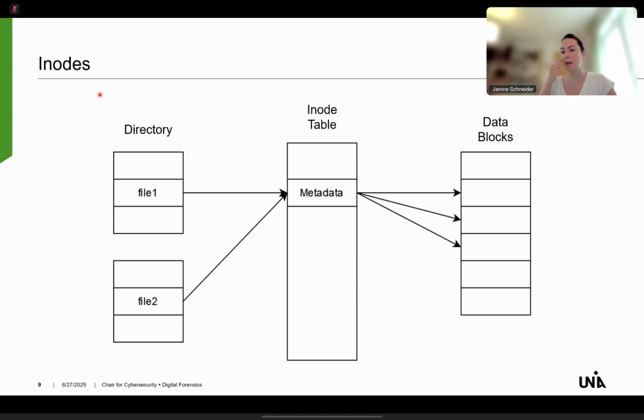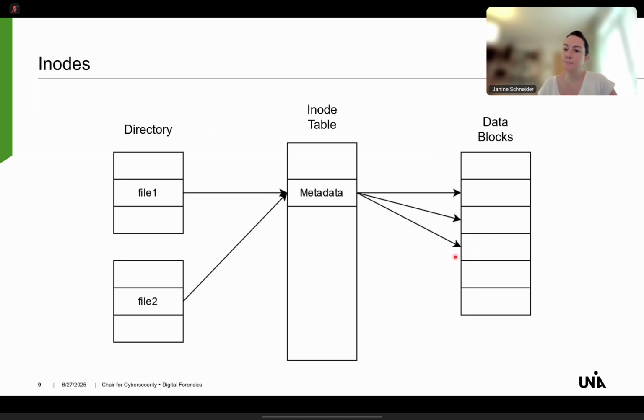So inodes are the main data structure that gives us information about files and directories. Here you can see an example where we have two directories, and in each directory there is one file. Each file and also each directory has an inode in the inode table, which gives us all the information about these things, so the metadata, and also where to search for the actual content.